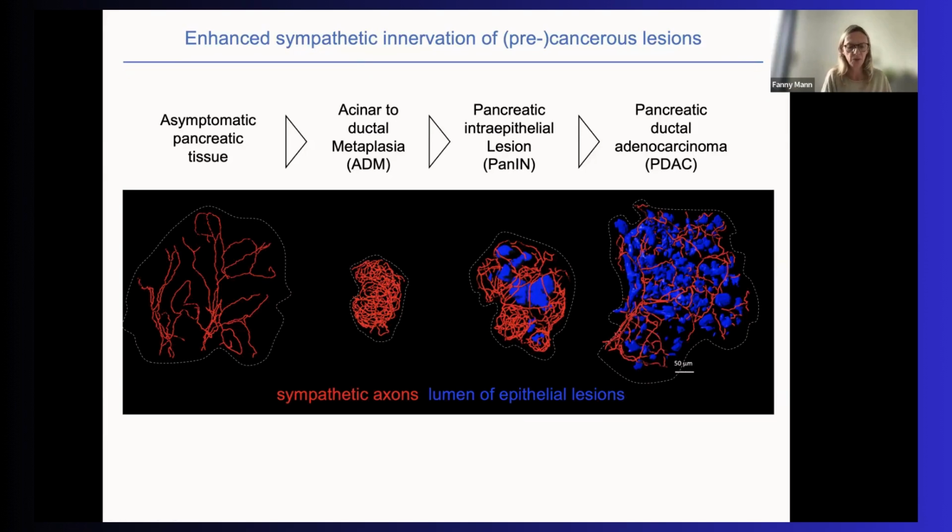And what we have observed is an increased axonal density in all lesions compared to the asymptomatic pancreatic tissue. And this hyperinnervation was particularly prominent in the early metaplastic and precancerous lesions.